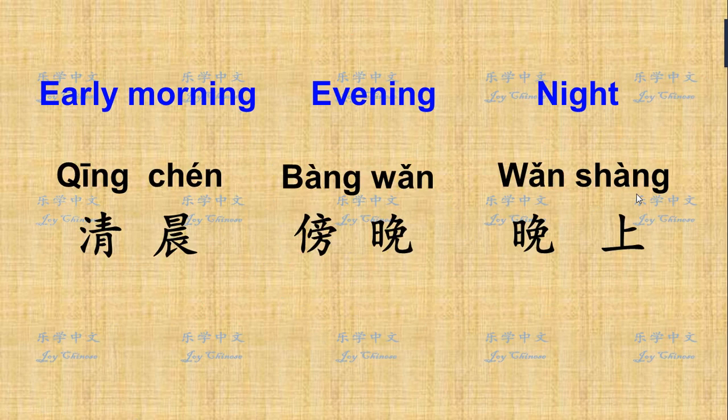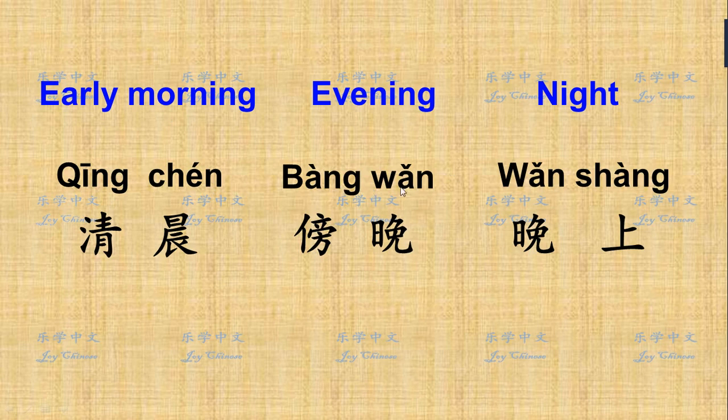Another 3 words for different periods of the day. Early morning, 清晨. Evening, 傍晚.